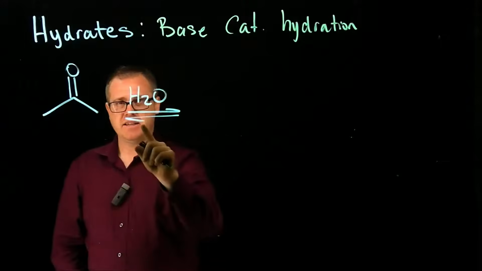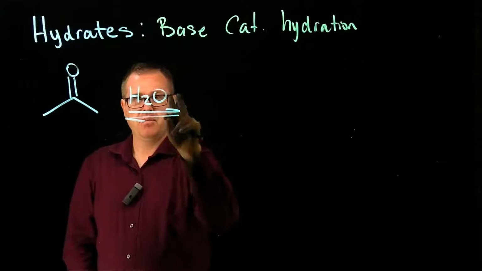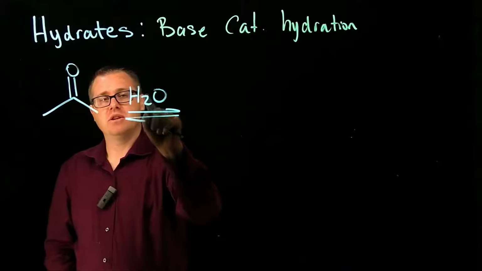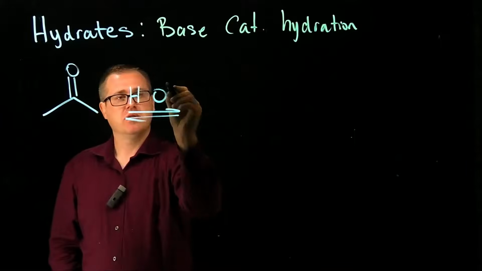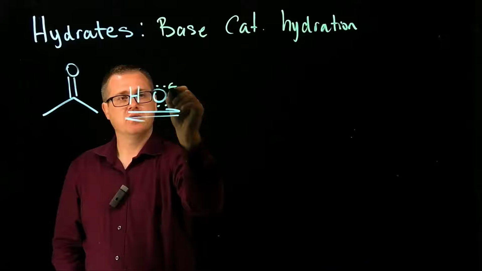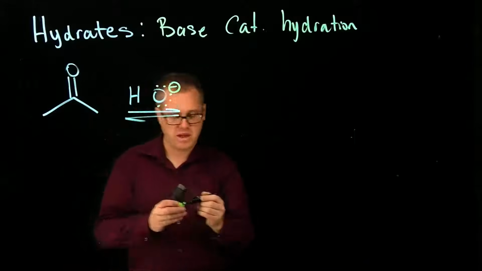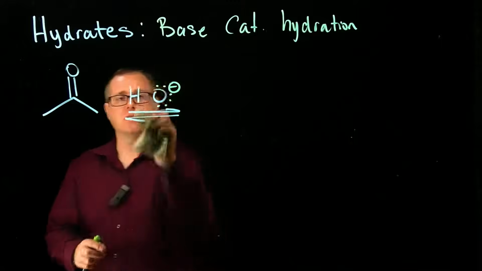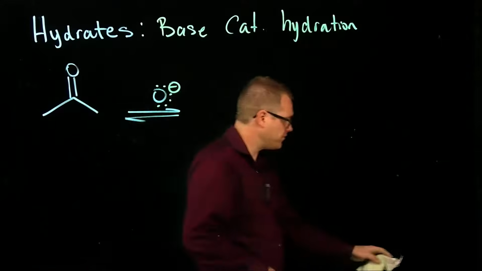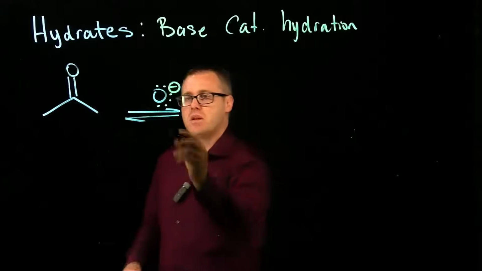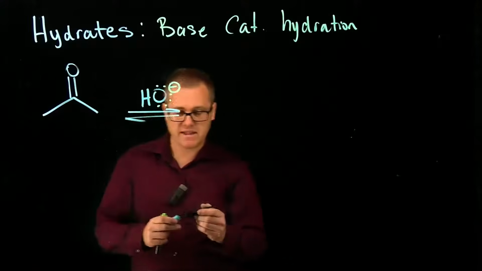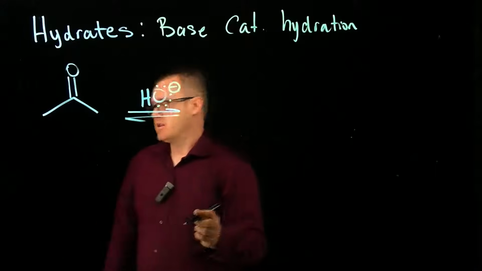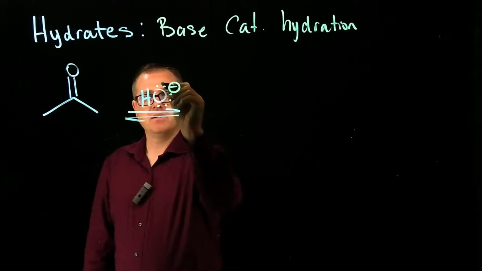So this is a basic condition. So when you make water basic, what is it going to do? It's going to be a hydroxide. Let's draw that hydrogen a little closer. So under basic conditions, we're going to have a lot of hydroxide. And so what's the mechanism here?